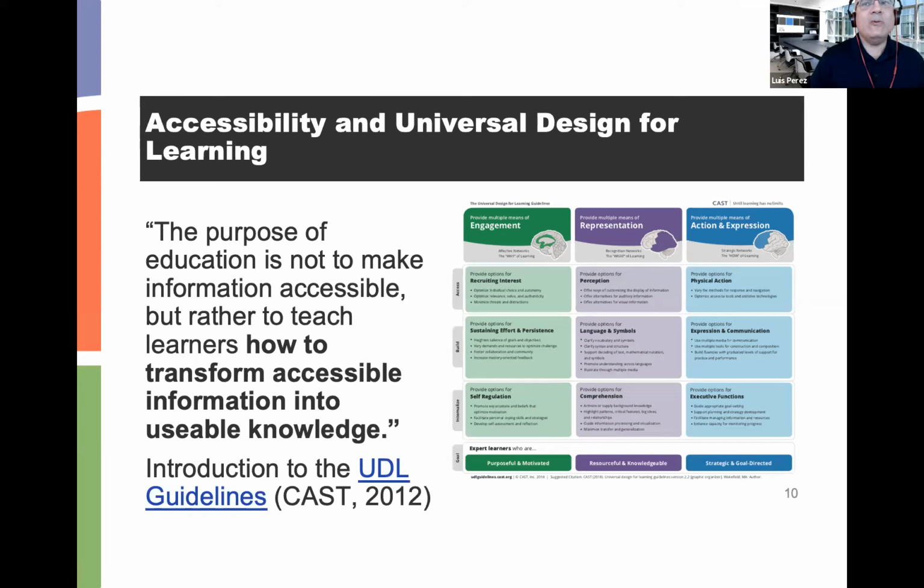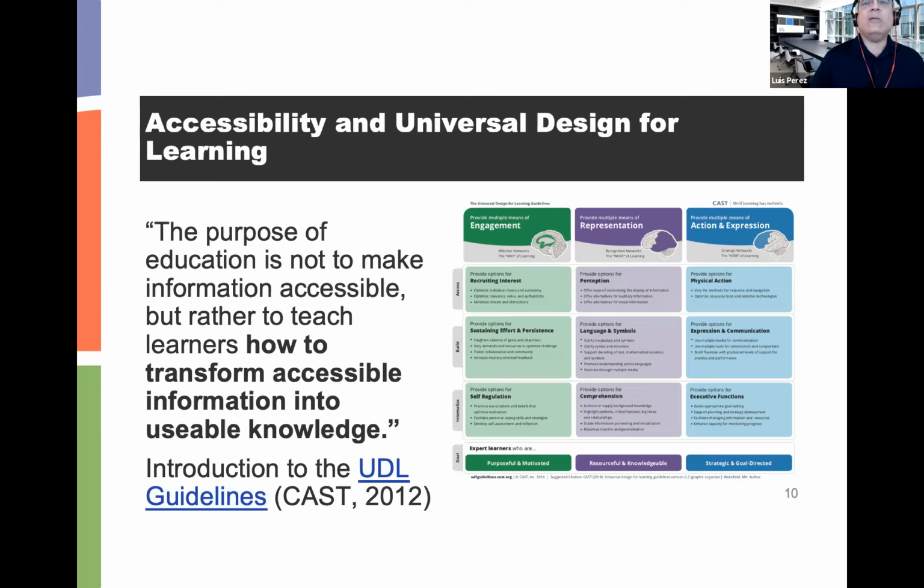That's David Rose, who was the originator of UDL, who said that in a presentation. It's always stuck with me because when we think about making materials accessible, we also want to think about how those materials engage learners. How do they challenge learners? Because that's important as well. Accessibility is not the be-all and end-all by itself. It's just an entry point that then allows learners to do more with the material.